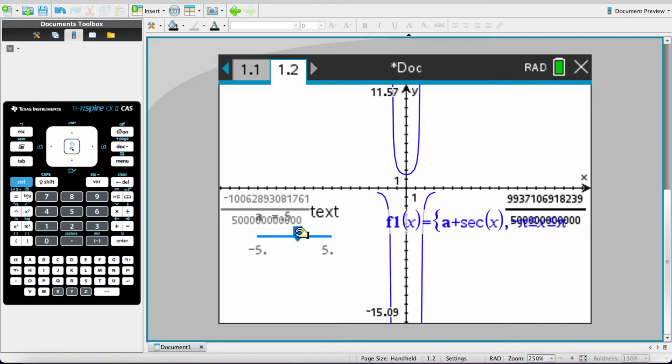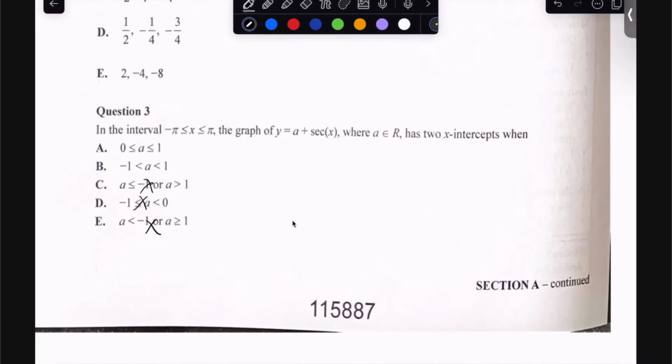Oh wait, 0.5, 2 x-intercepts. Oh, sorry, I ruled out option E, which does... No, it doesn't have 0. What have I done?